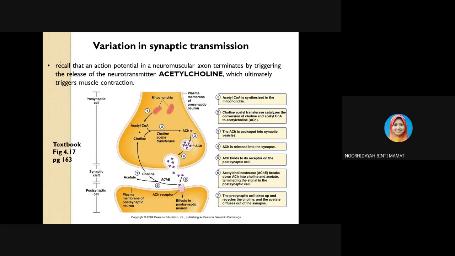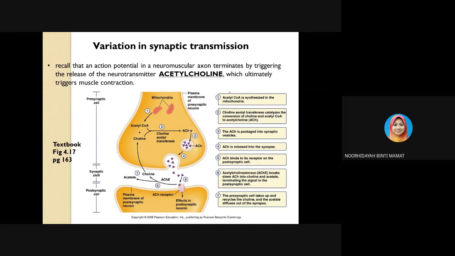If you recall, the action potential in the neuromuscular axon terminal triggers the release of a neurotransmitter, which we call acetylcholine, ACh, which ultimately triggers the muscle contraction. This is the process: it starts with acetyl CoA synthesized in the mitochondria.